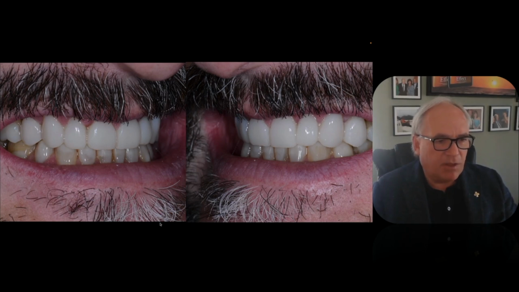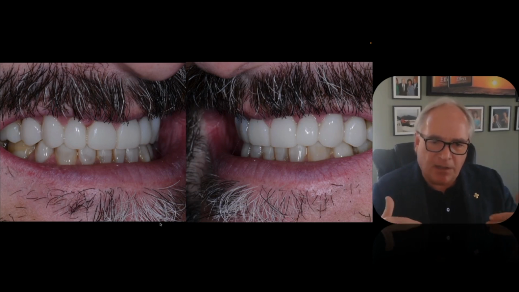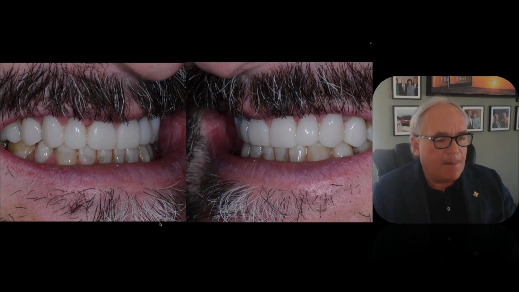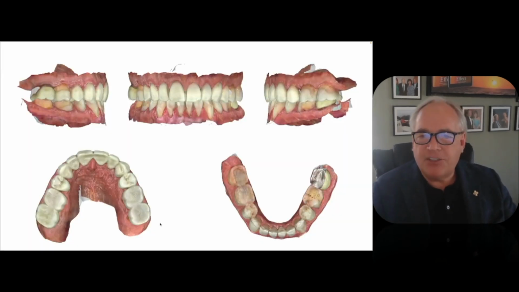And then, of course, for the lab, in the communication, I'm going to write a lab script, obviously telling them that I want those edges out a little bit more. But after we've had an appointment where we've checked the provisionals and dialed in the occlusion, we will scan the provisionals and send the lab the adjusted provisionals, the photographs of the provisionals, and a little punch list of anything we want a little bit different.